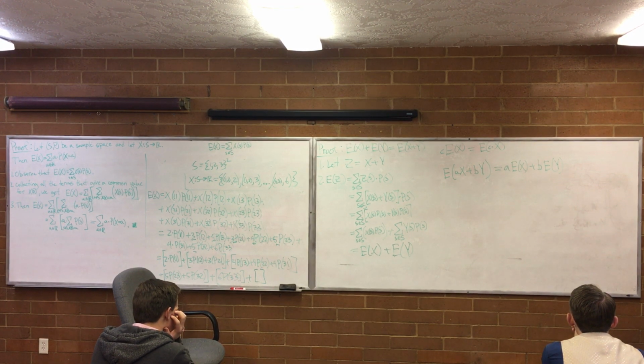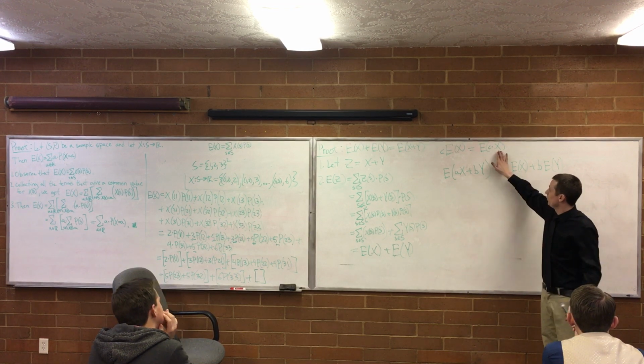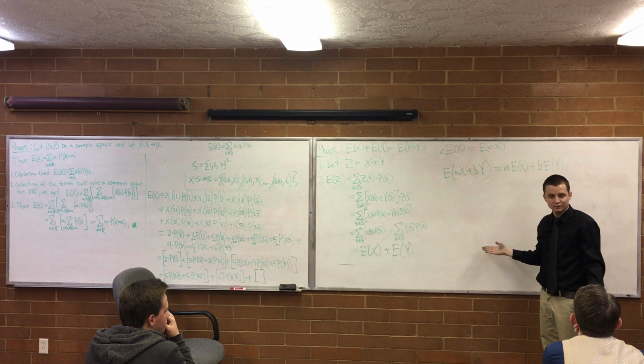Let x be a 0, 1 random variable. A 0, 1 random variable is a random variable x whose outputs are either 0 or 1. That's all the output.